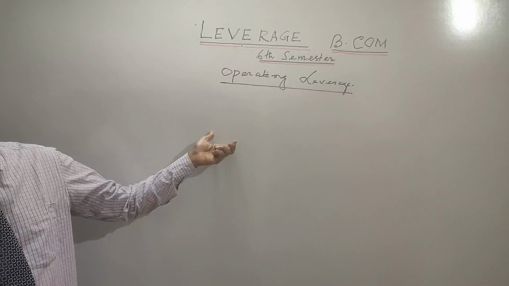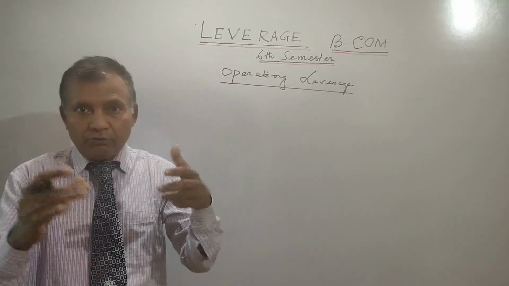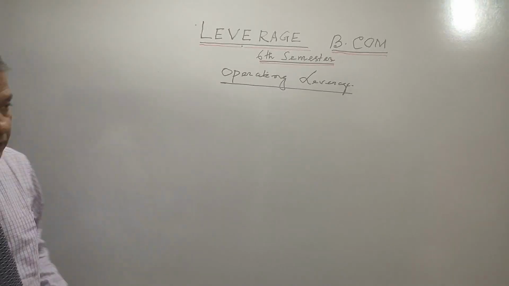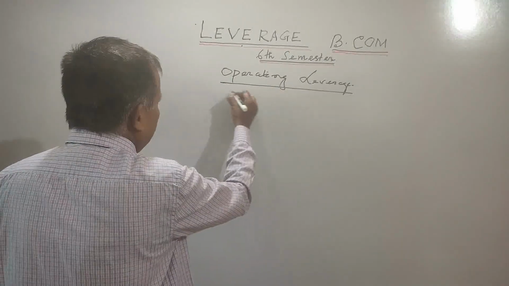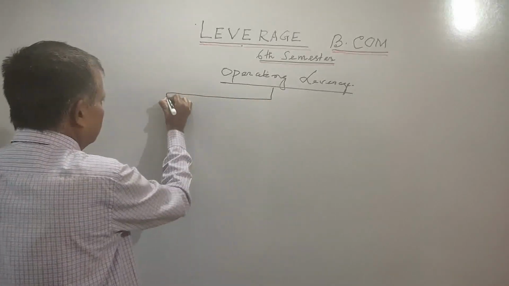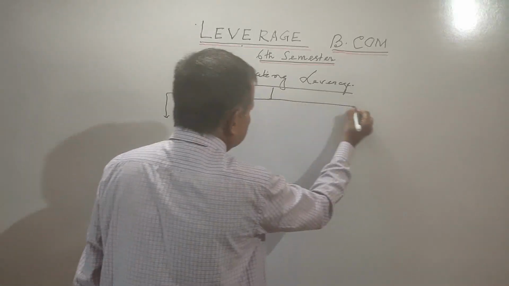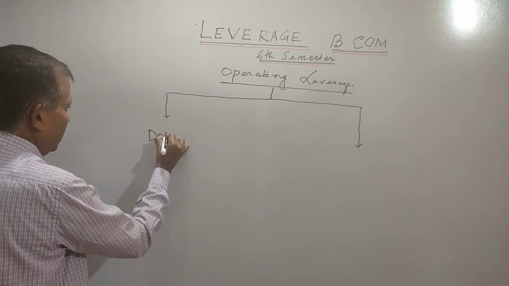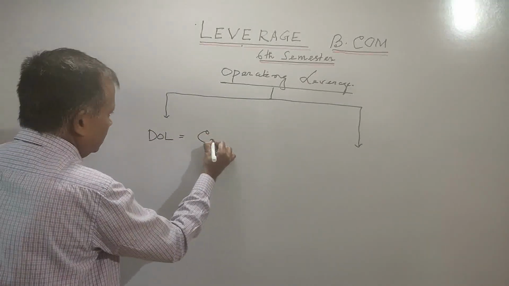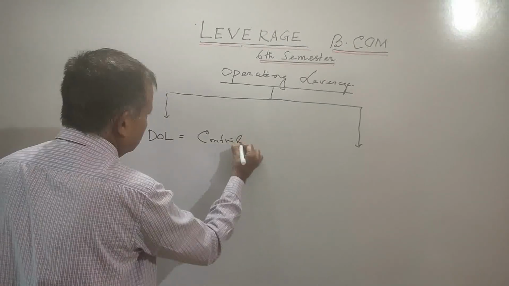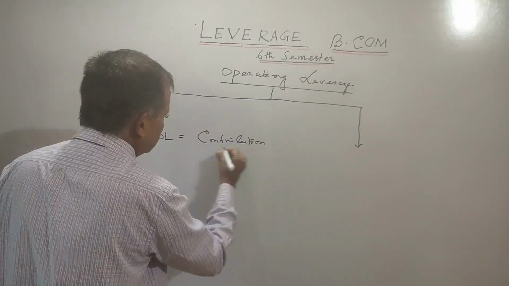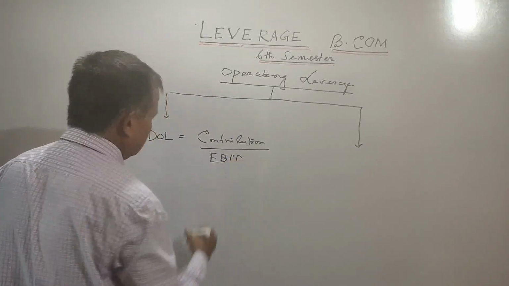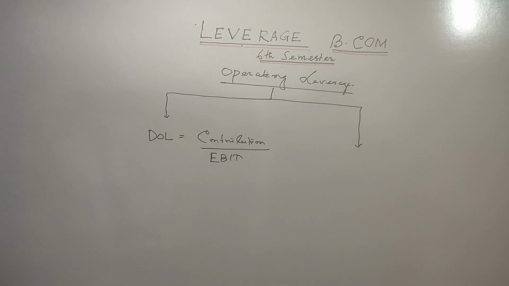I am writing the formula here. I have already told you, whatever I am telling you, all the notes you can get at the end. So degree of operating leverage has measurement in two ways. One is DOL is equal to contribution by EBIT, right?